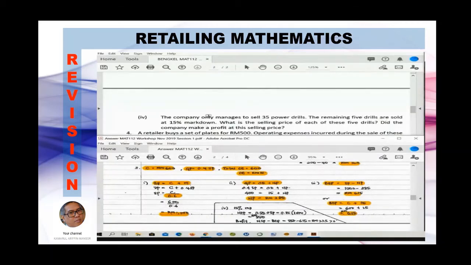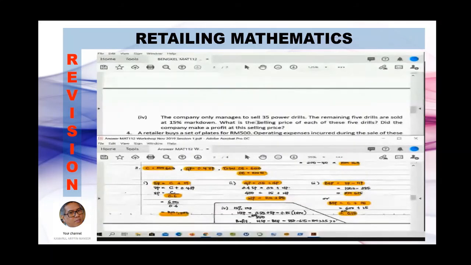So maknanya daripada 40 tadi, 35 dijual pada harga RM1000. Manakala lagi 5 tu dia kena kurangkan harga, dia kena reduce the price dan dia jual pada kadar 15% markdown. Okay. So the question right now, what is the selling price of each of these 5 drills? Did the company make a profit at selling this price?